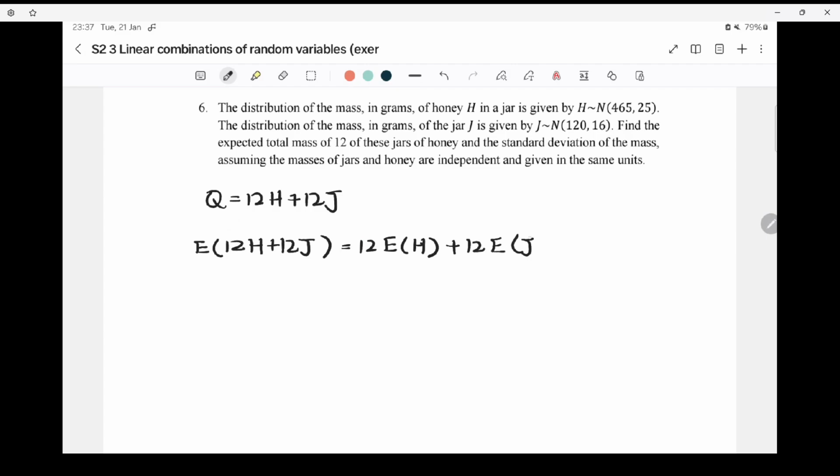So this will be 12 times 465 plus 12 times 120. So this will give us 7020.